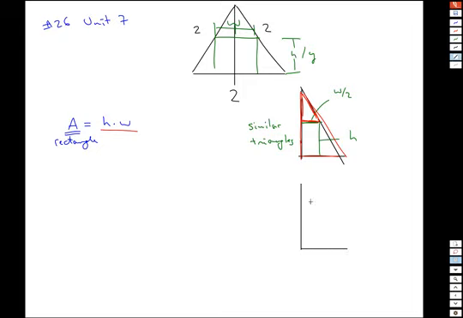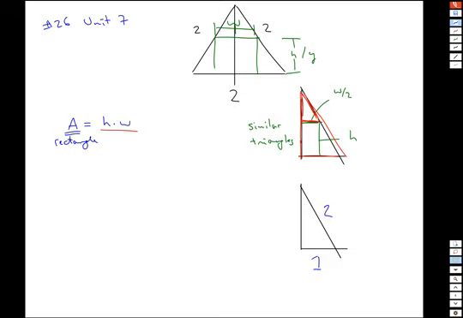So if we draw the two triangles that we're talking about, try to draw them the same. The outside triangle has a total width of 2, so the base here is 1. The outside was 2 as well. It was an equilateral triangle.